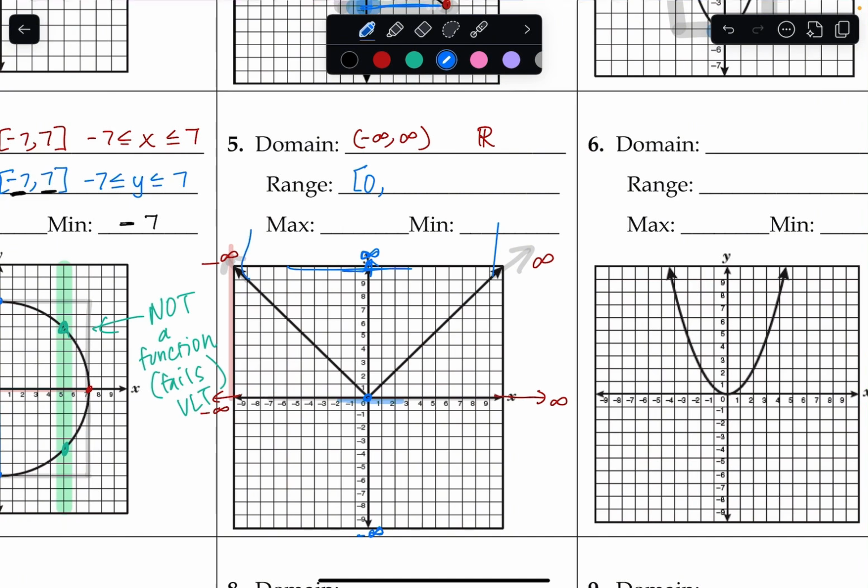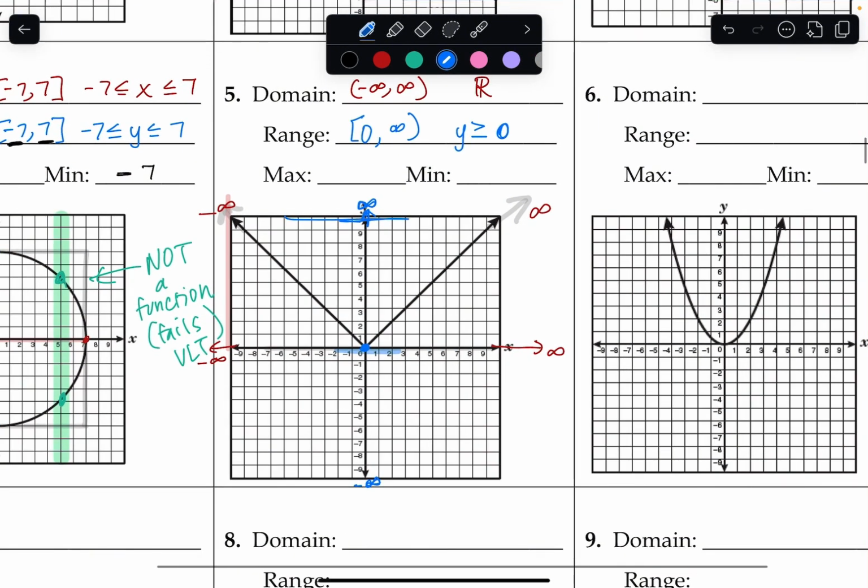Same with the left, it's going up. And so 0 to infinity with the parenthesis. And so this would be y is greater than or equal to 0, because we have that bracket, we have that point. And so because our maximum is infinity, this is another case where we'd say there is no maximum, but we do have a minimum at this 0.